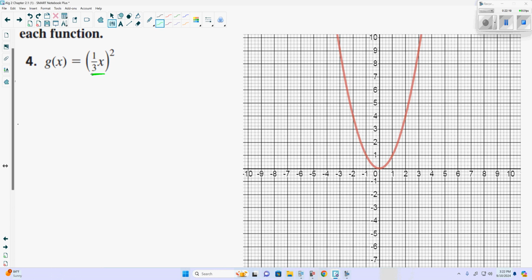Let's look at this here, guys. We have 1/3 x squared. Well, the only transformation is the 1/3. It's being multiplied by x inside the parentheses, so that would be horizontal. Since it is a horizontal stretch or shrink, we have to take that 1/3 and flip it.